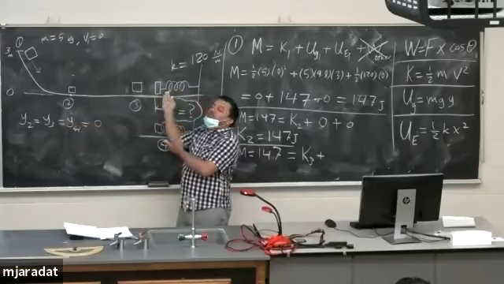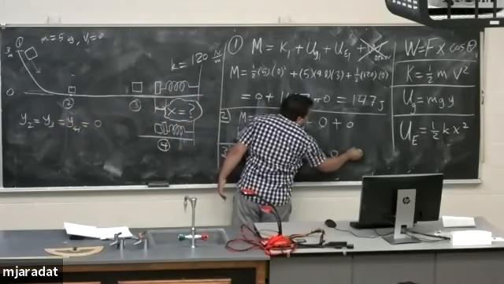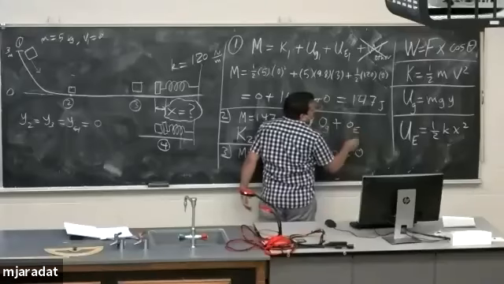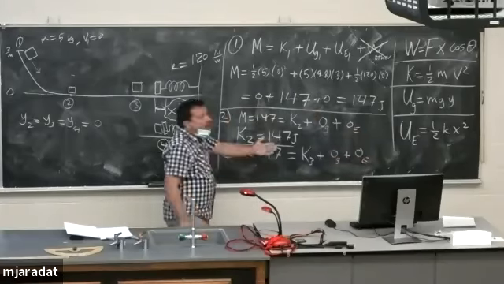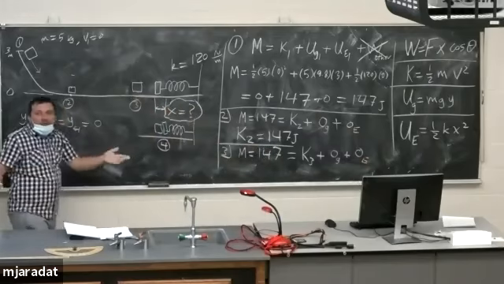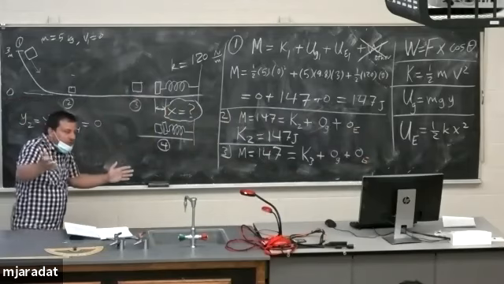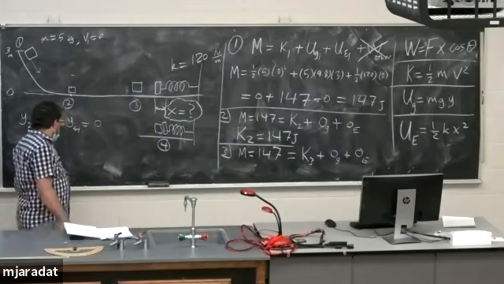How is the compression of the spring? It is 0. So it is 0 plus 0. This is 0 due to gravity, this is 0 due to elastic. So the kinetic energy again at this point is the same. We don't have any loss of the velocity. We don't have any acceleration or deceleration because we don't have any friction force.